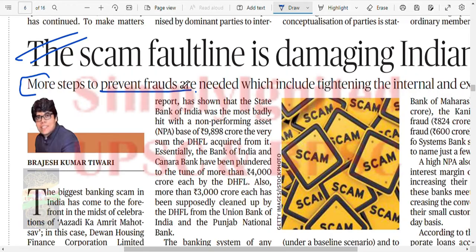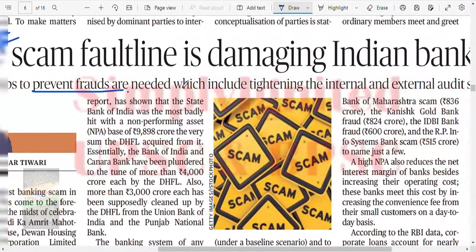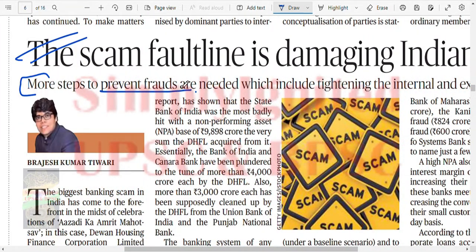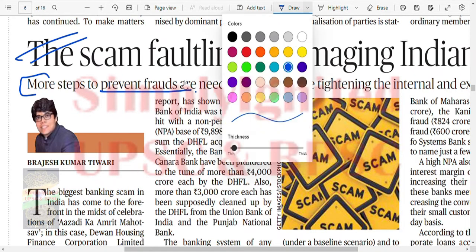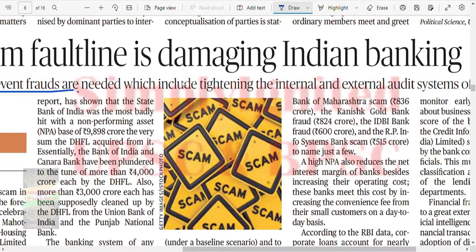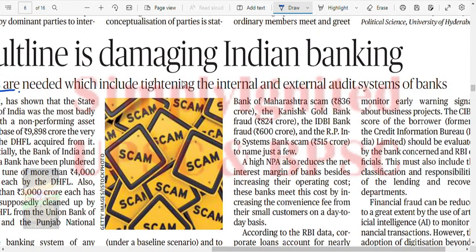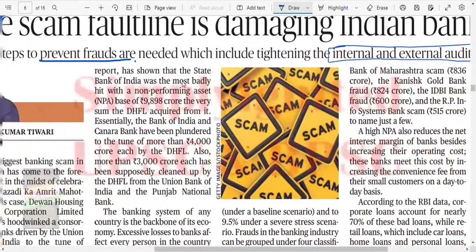The scam fault line is damaging India's banking. More steps to prevent fraud are needed, which include tightening the internal and external audit system of banks. So both the internal and external audit systems of the bank need to be tightened. Okay, let's see.